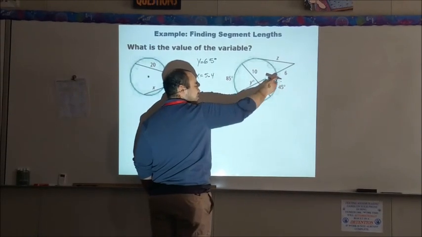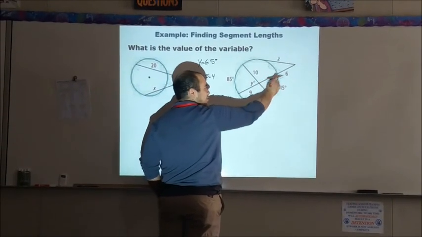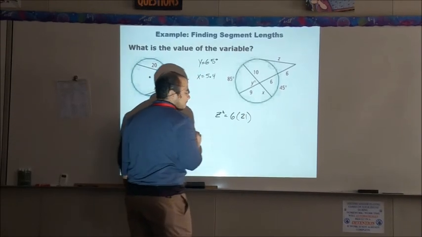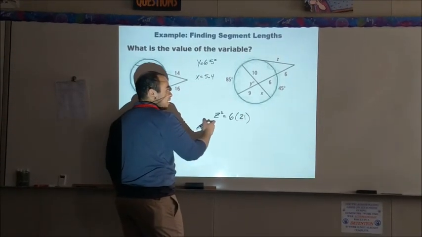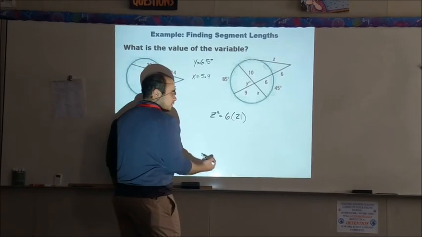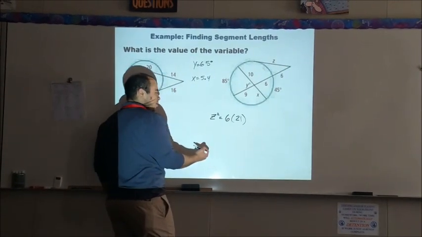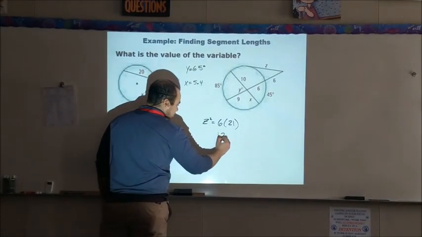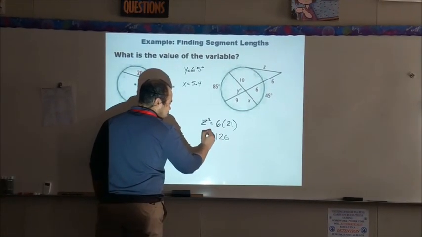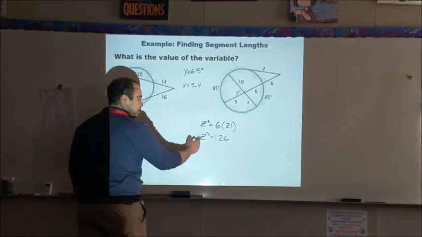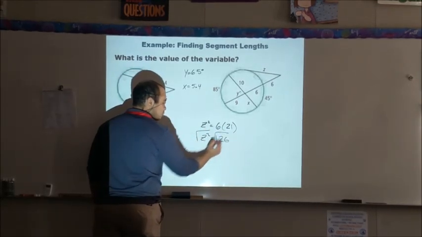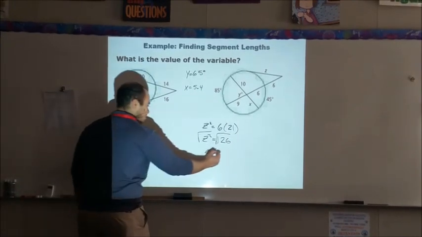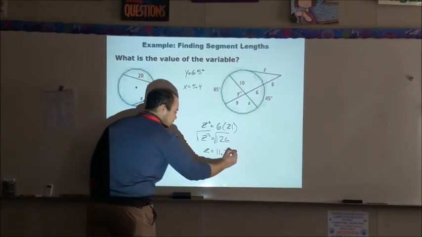Well, this is 9 plus 6, which is 15, plus 6, which is 21. So in this case, z squared equals 6 times 21. Well, what is 6 times 21? 126. So in this case, z squared equals 126. To undo the squaring, we square root both sides. In this case, z is going to equal 11.2.